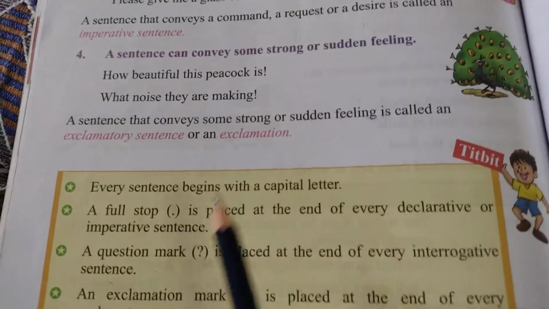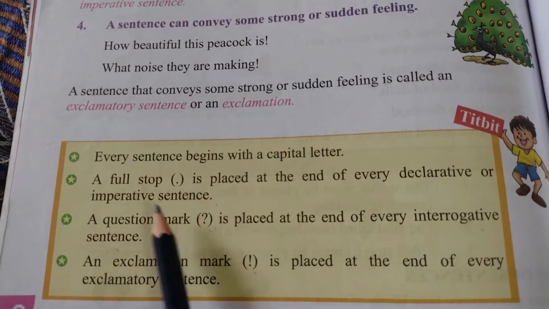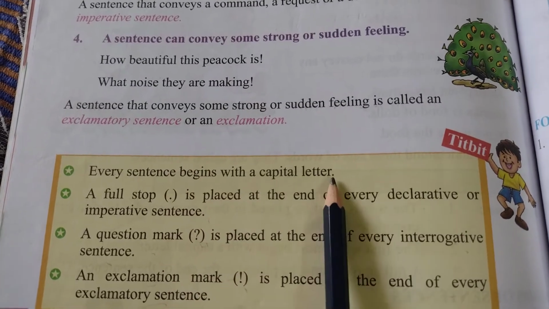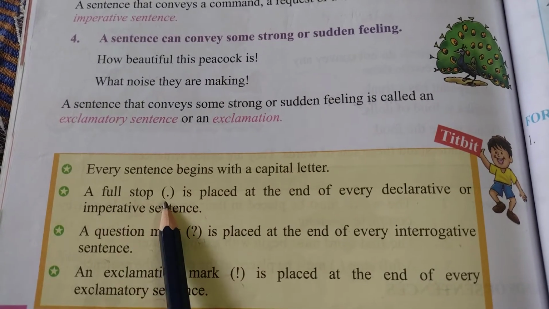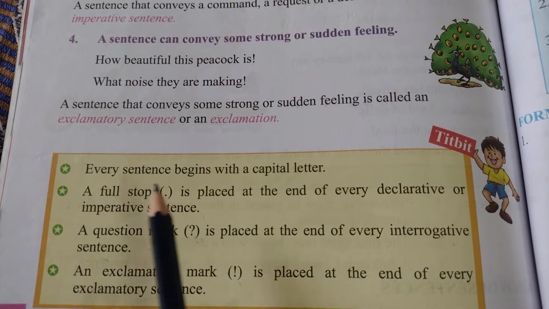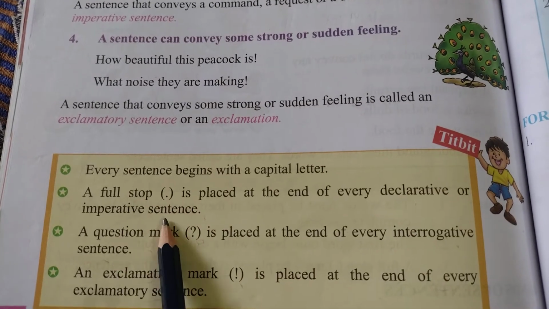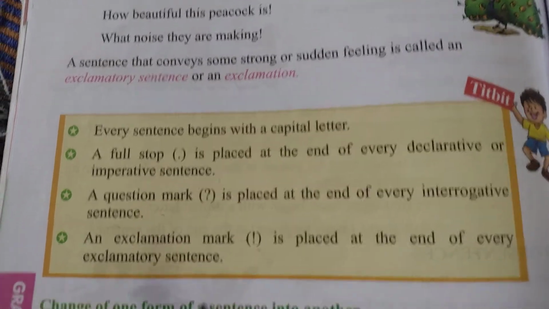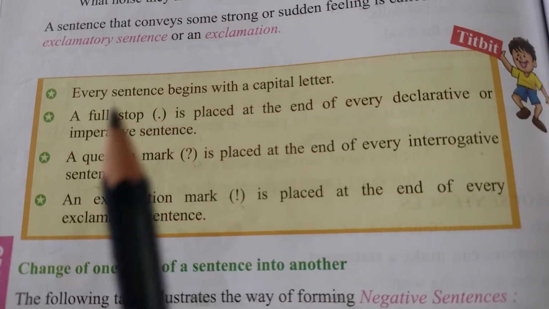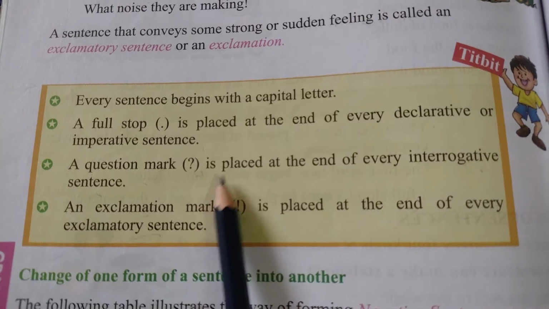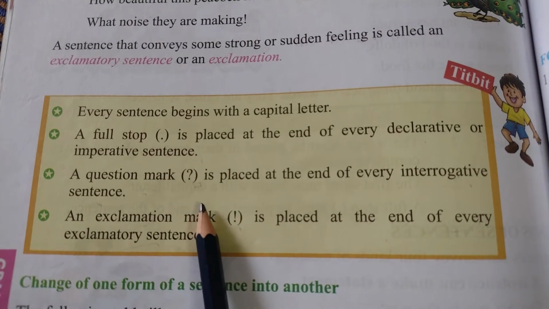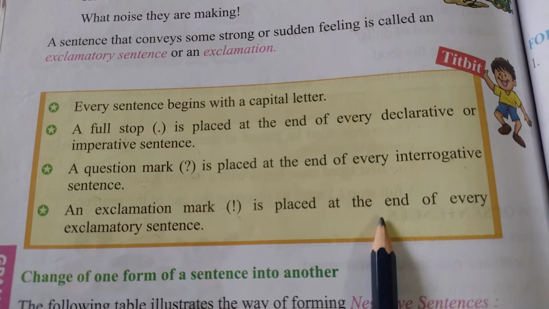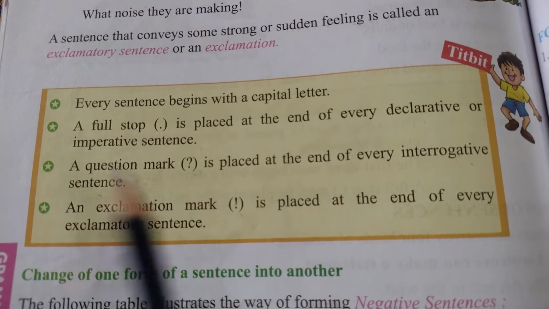I told you to remember a few points: every sentence starts with a capital letter and ends with a full stop, whether it is a statement, a declarative or an imperative sentence. The interrogative sentence ends with a question mark and starts with a capital letter. In the same way, an exclamation mark is placed at the end of every exclamatory sentence.